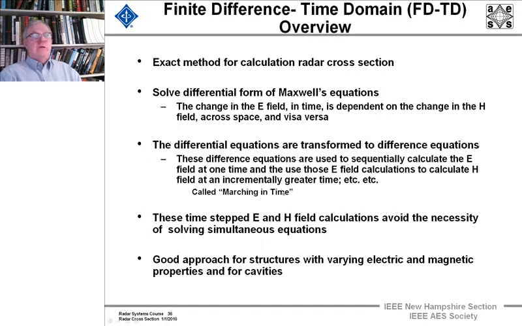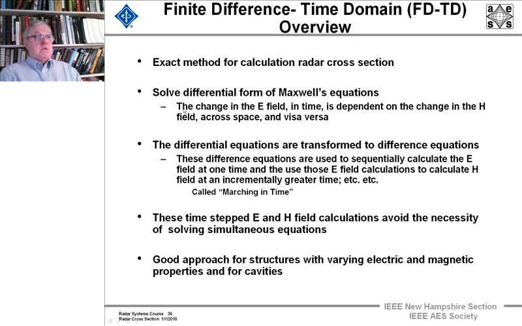This is the approach we take for the finite difference time domain method. And now let's take a look at exactly what that is in one view graph, just words. It's an exact method for calculating the radar equation. What we do, as I said earlier, is solve the differential form of Maxwell's equations.